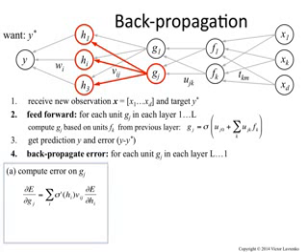Now, the way these errors are propagated is according to this equation. So we're computing the derivative of the error with respect to some unit gj in the network. The interpretation of that derivative is that it tells us whether gj should be higher or lower. So how do we know if gj should be higher or lower?